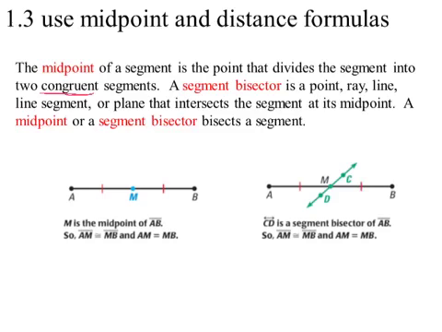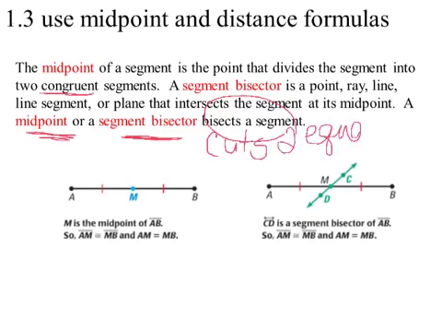A midpoint or a segment bisector bisects the segment. It cuts a segment into two equal pieces. That's what bisect means.